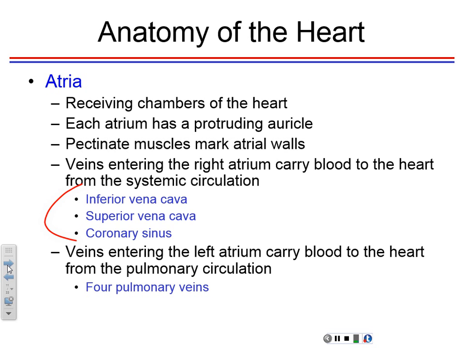So we know on the right side, we get the superior and inferior vena cava and coronary sinus depositing into the right atrium, goes through the tricuspid valve, goes into the right ventricle, comes out through the pulmonary trunk or pulmonary artery, comes back to the left atrium via 4 pulmonary veins, 2 from each side.